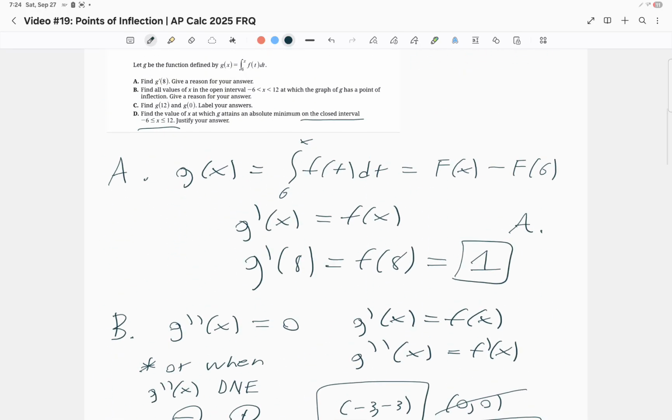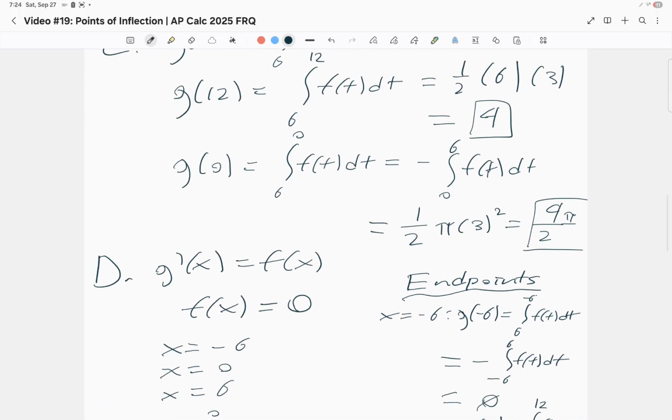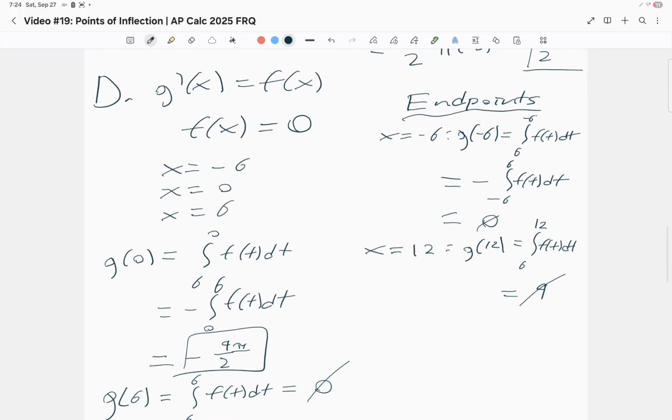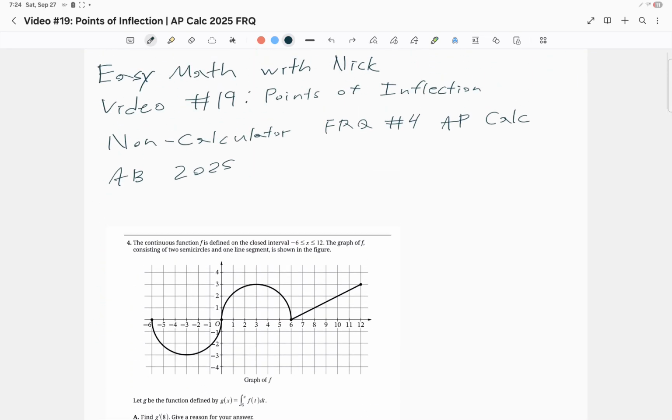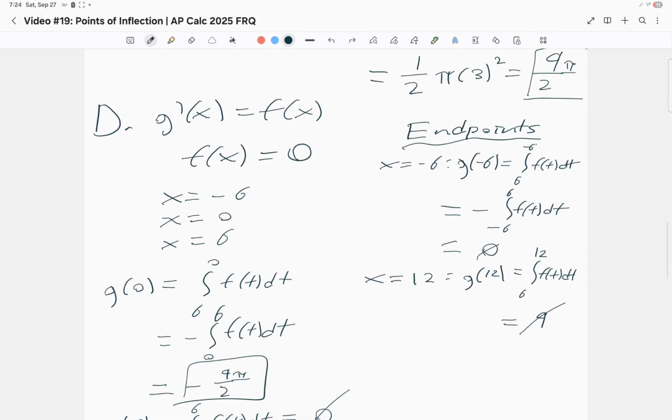So that is the value at which g will attain an absolute minimum on that closed interval, because we tested the endpoints and we tested all the points at which g prime of x was equal to 0, which is f of x.